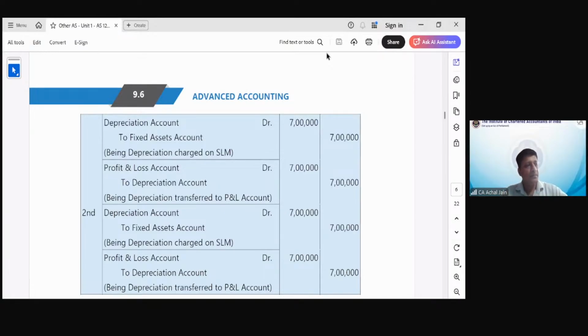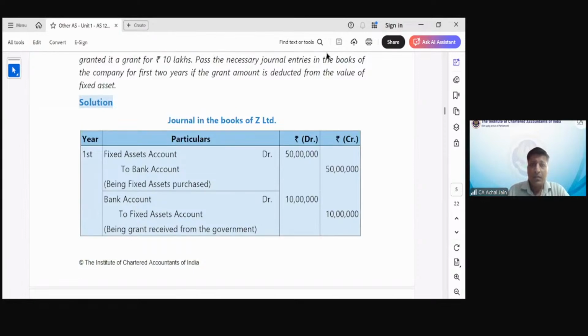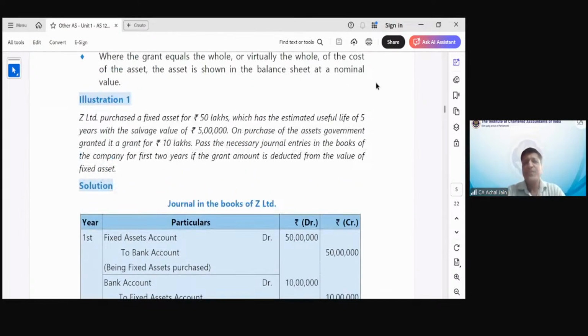Why SLM method? In this case, why is the SLM method followed? See, if you look at the requirement of the question, the question has not specified anything. So in that case, you have to follow either of the methods, SLM or WDV.